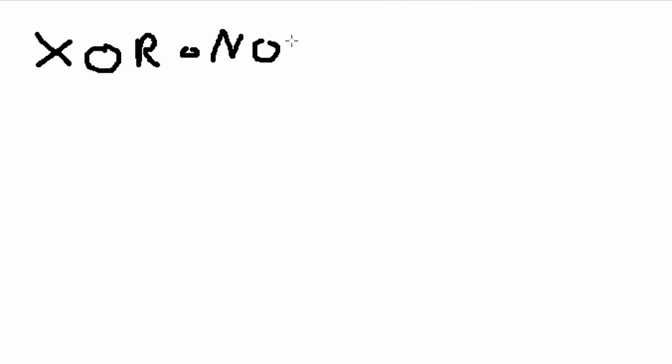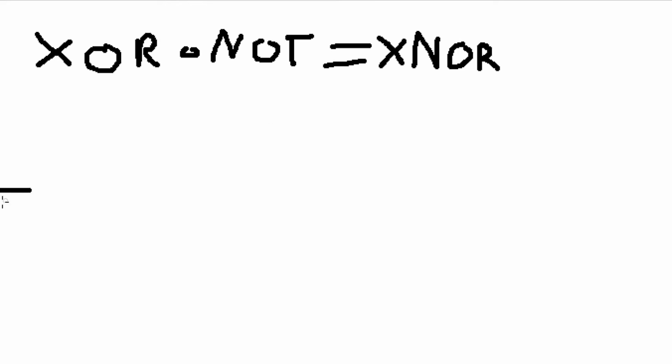The same trick works with the XNOR gate, since I don't have it, except this time it's not double inversion but a simple inversion, because the XNOR gate is simply an inverted XOR gate.